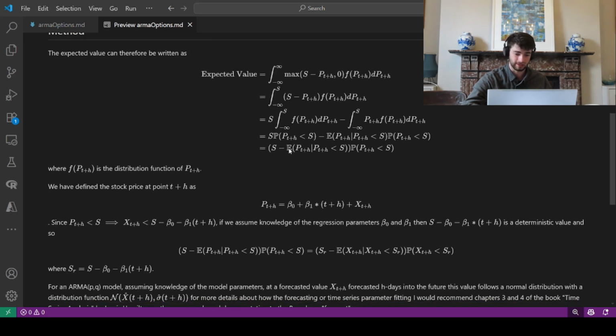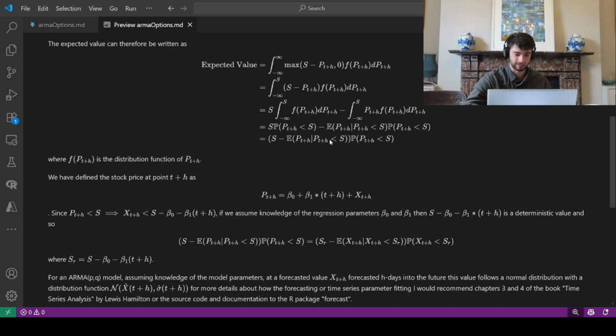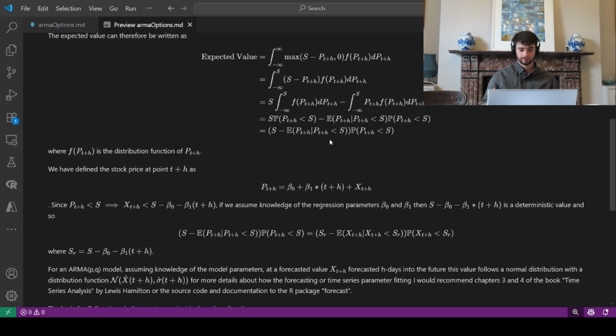So it's s minus the expected value of our price at time t plus h given that our price is less than a value s. And the main goal of our package is to calculate this value here.